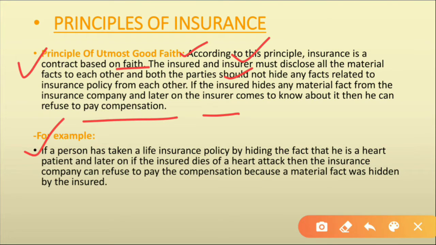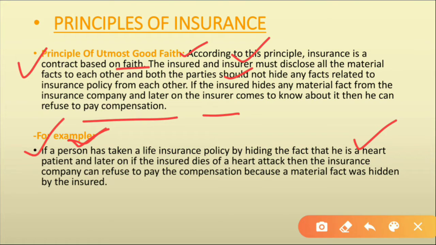Now let us understand this with the help of example. See the explanation. If the insured has taken a life insurance policy by hiding the fact that he is a heart patient. Like a person is a heart patient and he has taken life insurance policy, but he has not told the insurance company that he has heart problem.